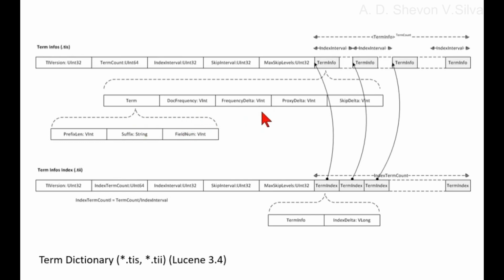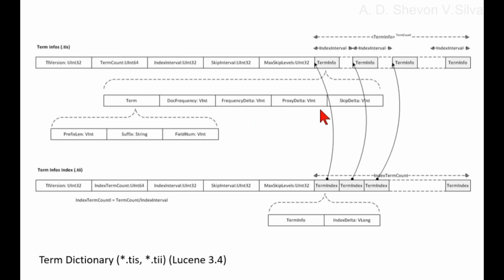Frequency delta. FreqDelta determines the position of this term's term freq within the .frq file. In particular, it is the difference between the position of the term's data in that file and the position of the previous term's data, or 0 for the first term in the file.